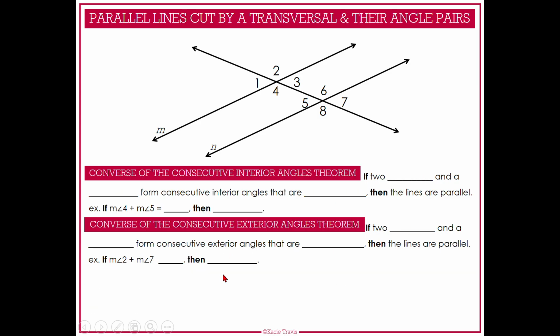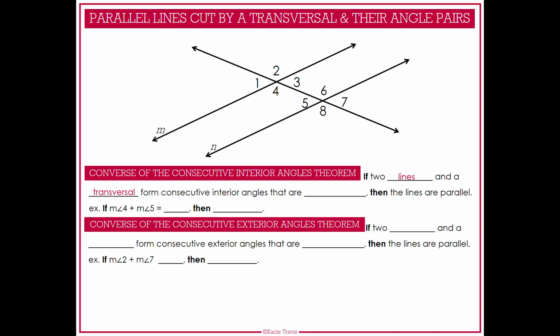For our next two, we're dealing with angles that are adding up to a certain thing. I hope you remember it from our last round of notes. So if two lines and a transversal form consecutive interior angles, remember those are the same as same side. Consecutive and same side, those are the same things.